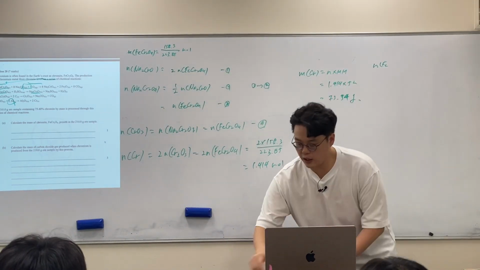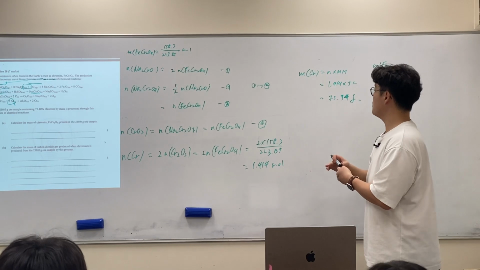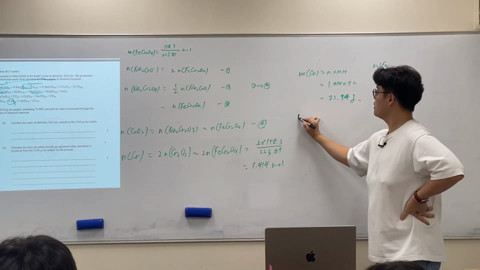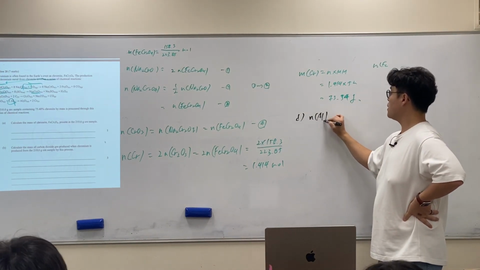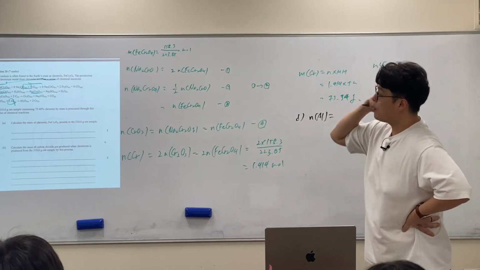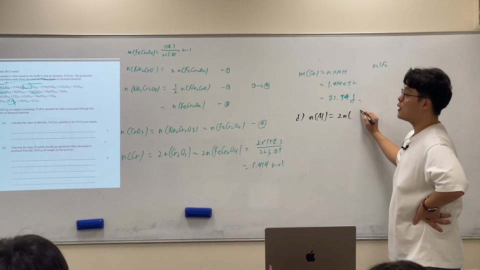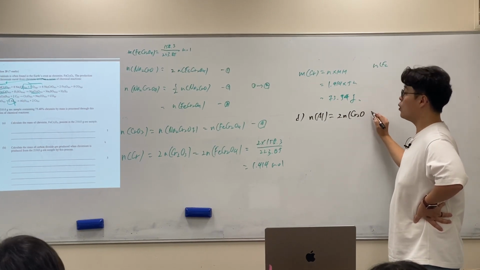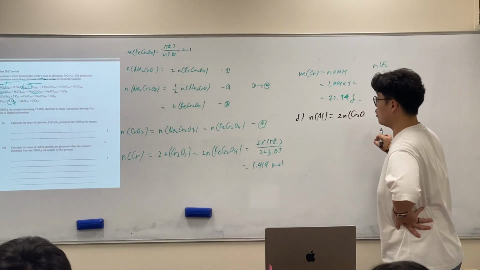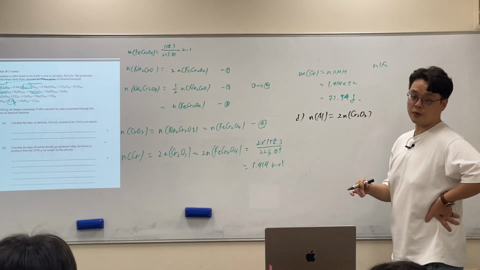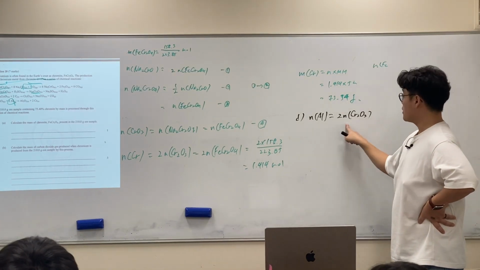Yep, so to get the aluminium, N of the aluminium for question D, for the reaction ratio, the chromate is the same as what? This is 2 times the N of the chromium, Cr2O3, according to the reaction ratio here again. What is this 2N?